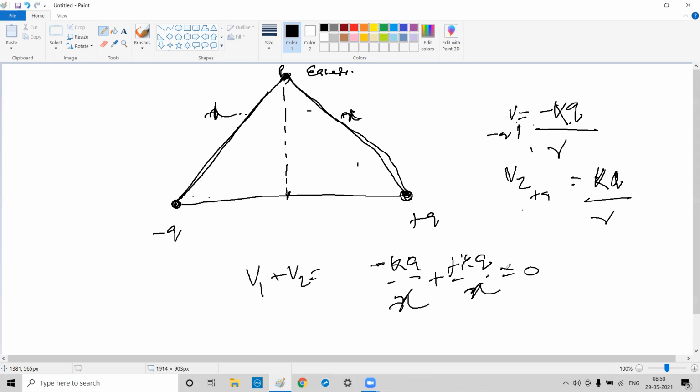But does that solve the problem? No. So what will happen? At any general point, I don't think it is there in your book. At any general point, like it might be axial or it might be equatorial. I think it is there.